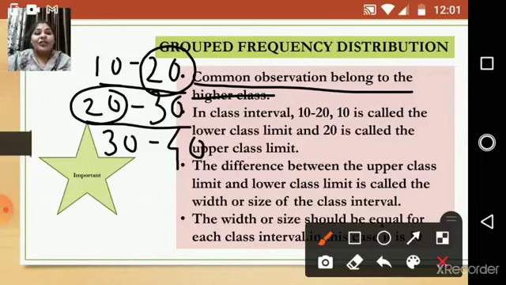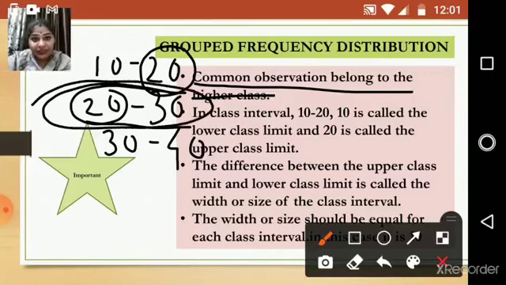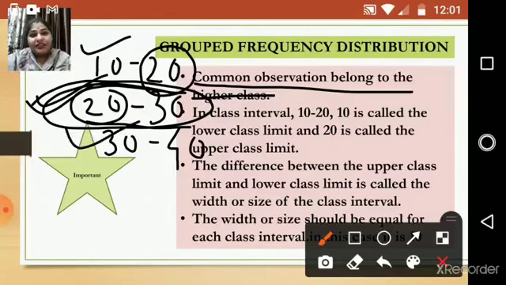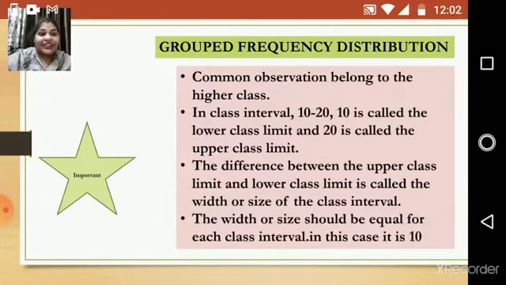The common observations belong to the higher class. That means this is the higher class, that is 20 to 30, so that 20 has to be entered in this class. This is the first class, second class, third class, fourth, fifth, and so on. I hope the first point is very clear.